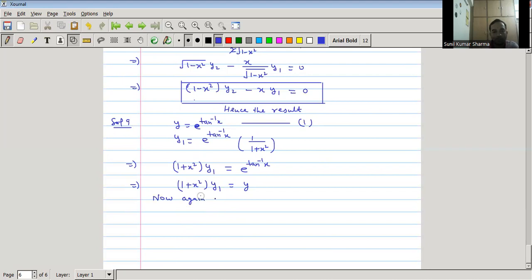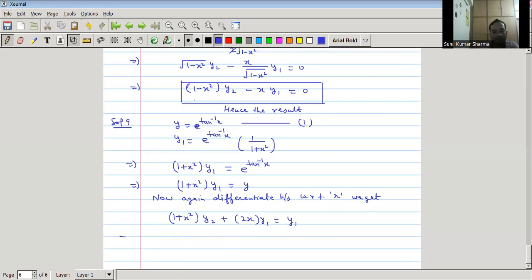Again differentiate both sides with respect to x. We get, so 1 plus x square, derivative of y1 is y2, plus the derivative of 1 plus x square, 2x, y1, equal to derivative of y, which is y1.